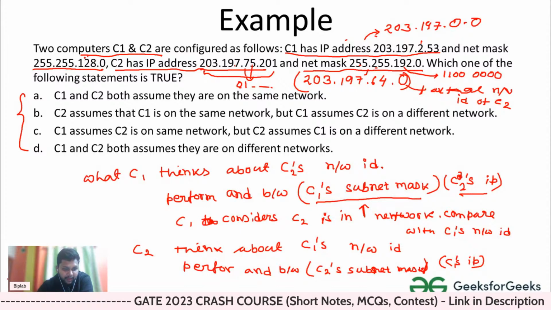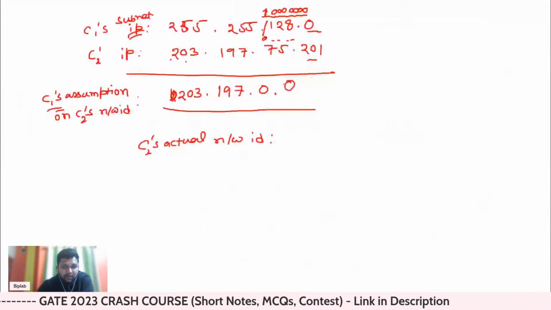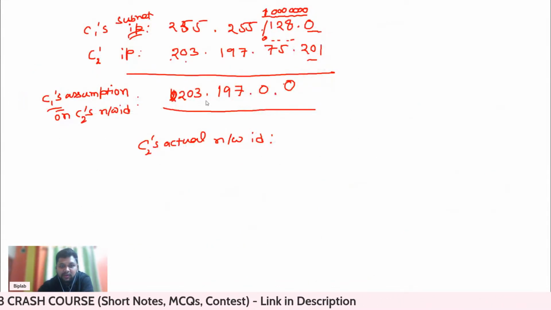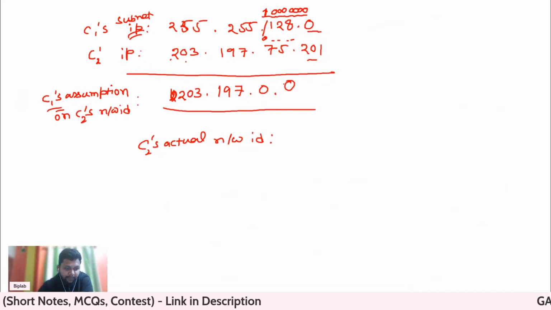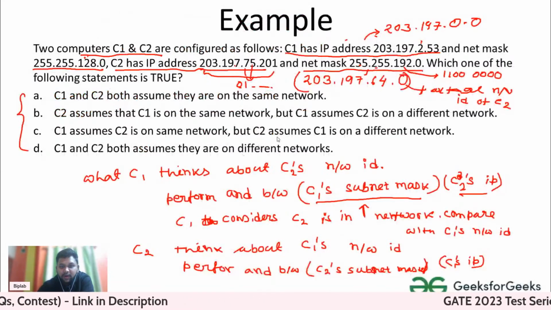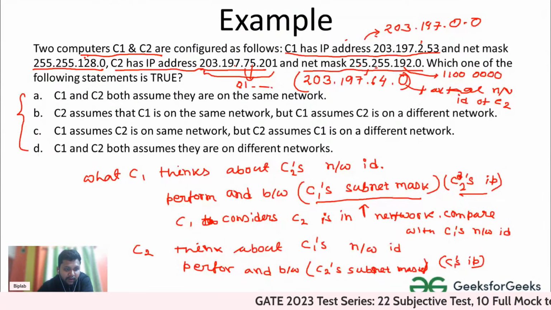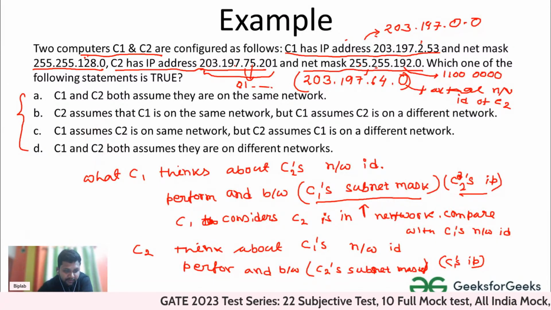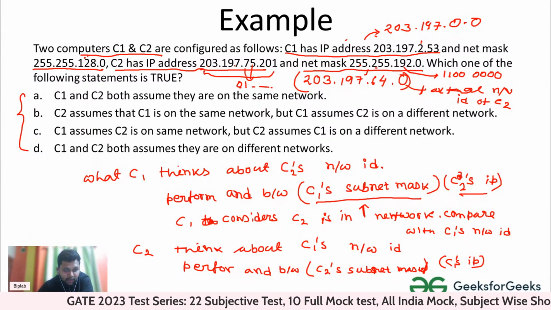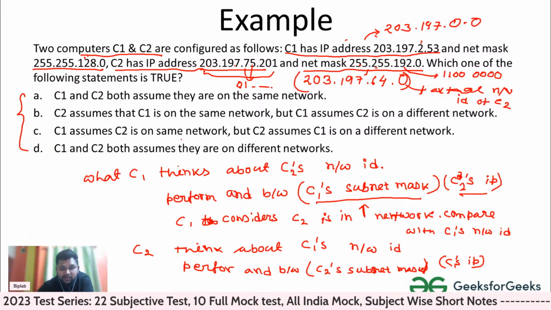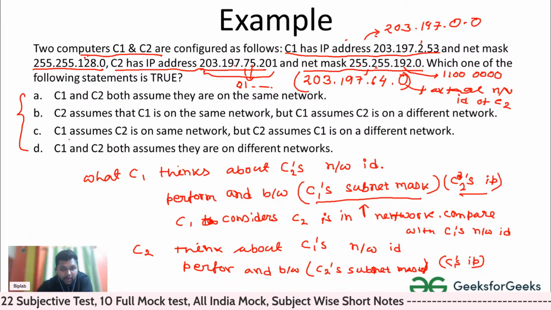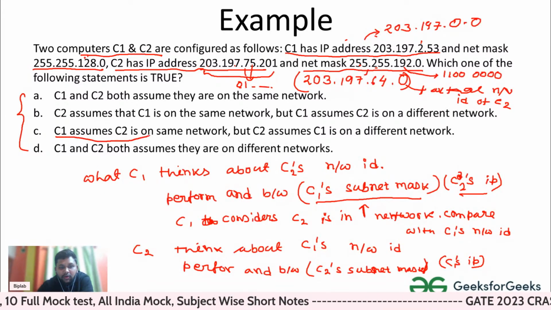Now look at this statement, okay? C1 thinks C2 is in this IP address, and C1 actually is in this network ID. So C1 assumes C2 is on the same network.